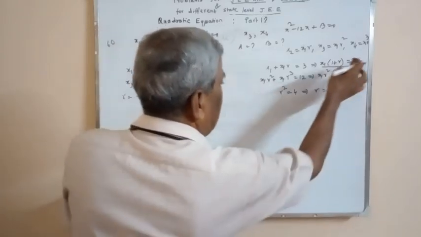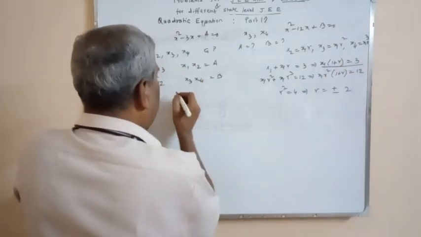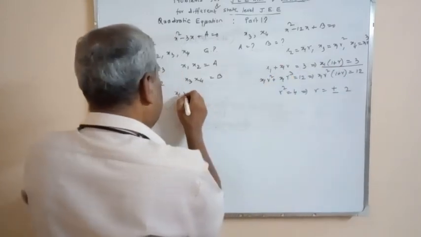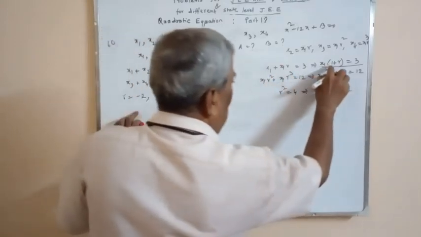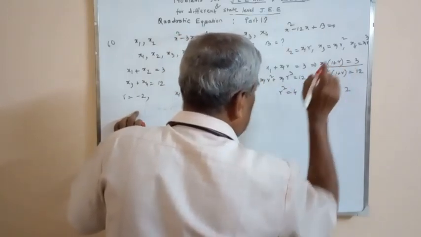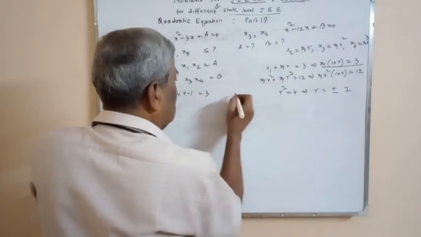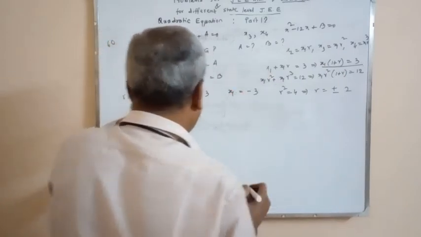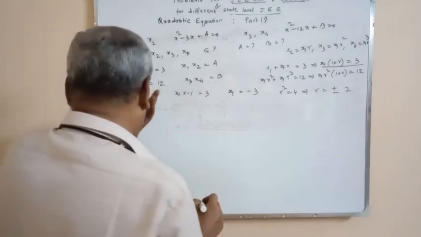It can be obtained from there. x1 into 1 plus r, that is minus 1. 1 plus r means minus 2. So minus 1 into x1 is equal to 3. So we get x1 is equal to minus 3 and r is minus 2.